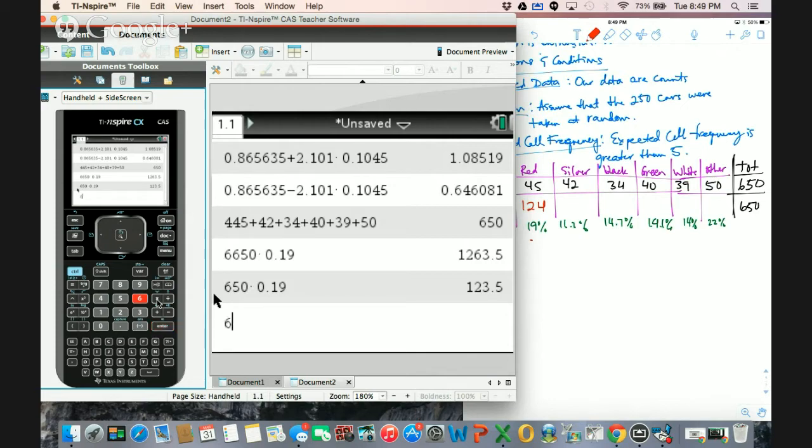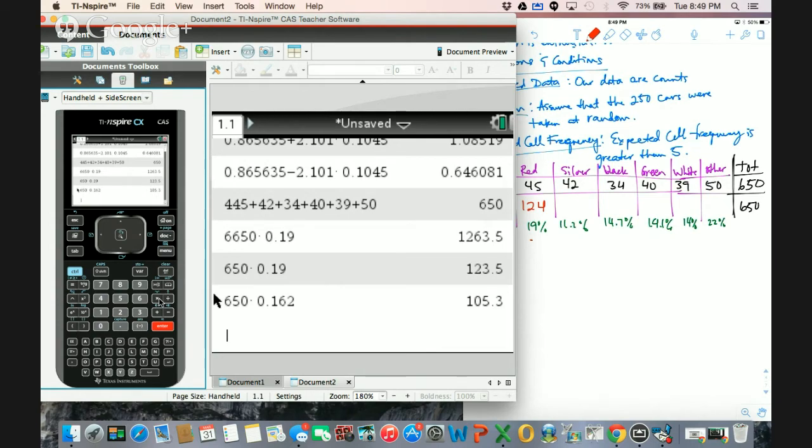Okay, now we're going to do 650 times 16.2%, which is 0.162. I get 105, so I'm just going to put 105.